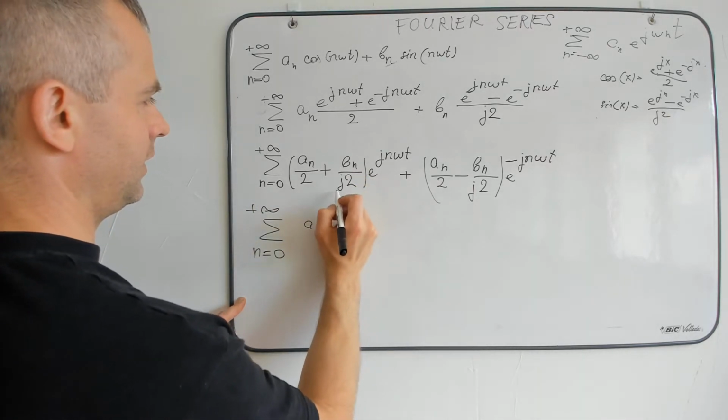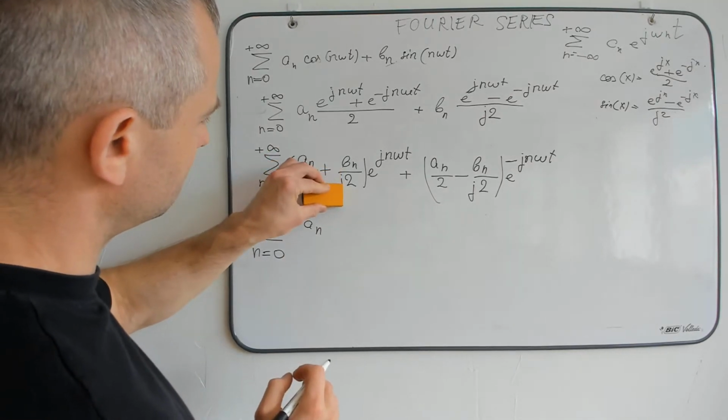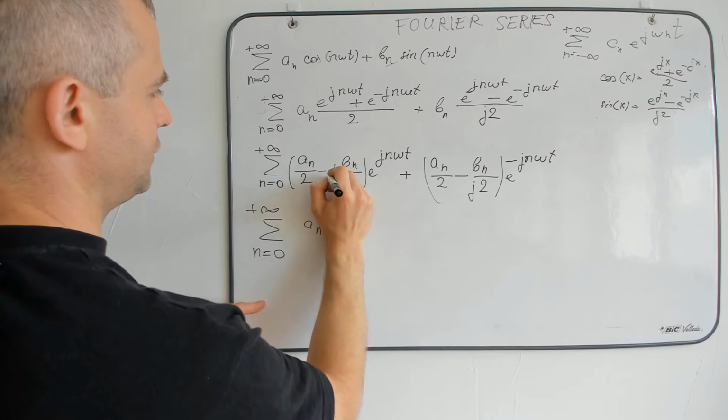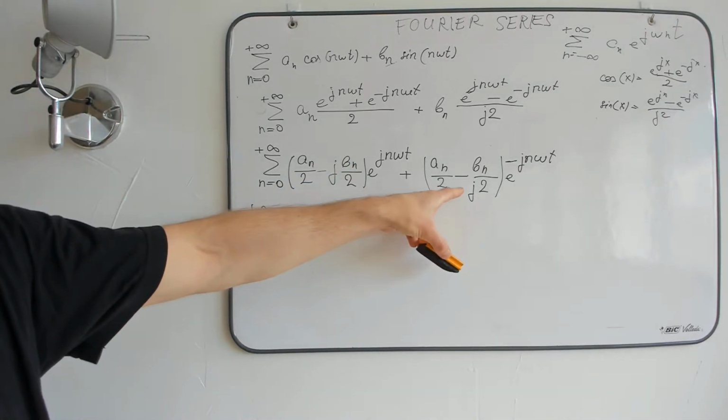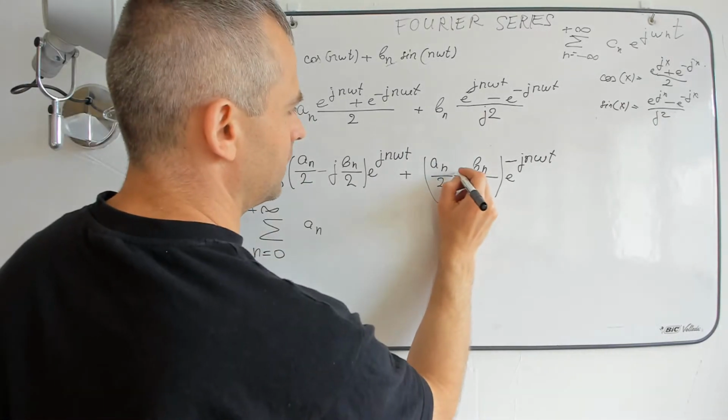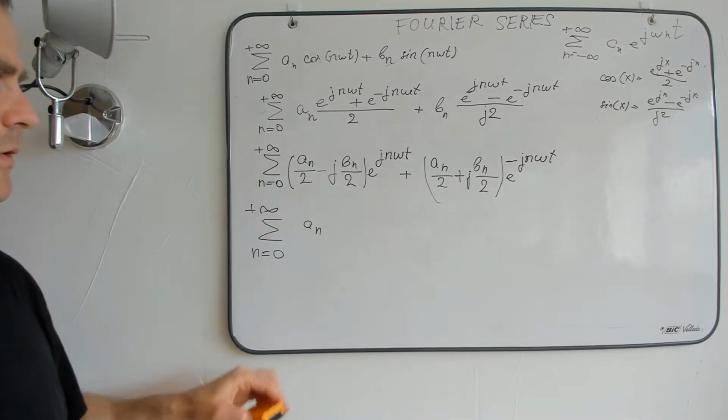So here we have minus j, and here we'll get plus j.